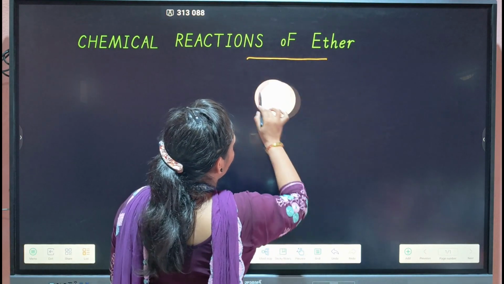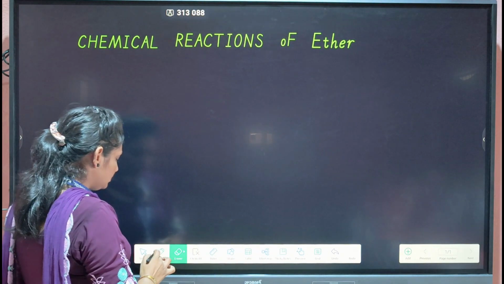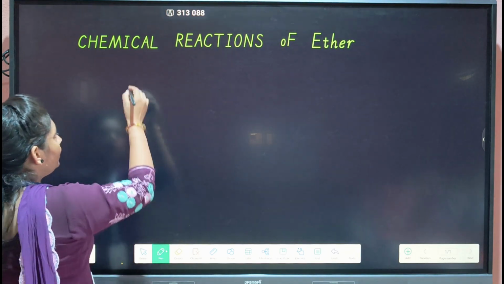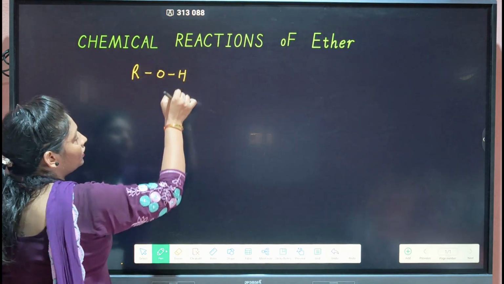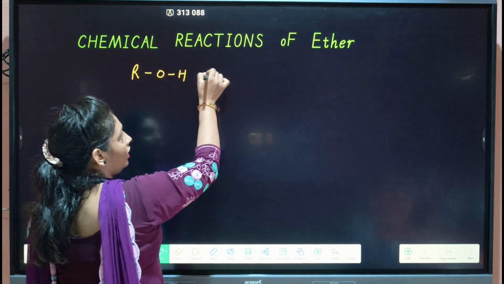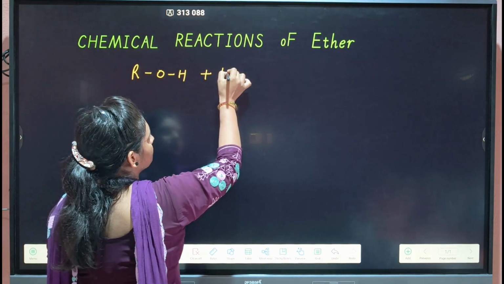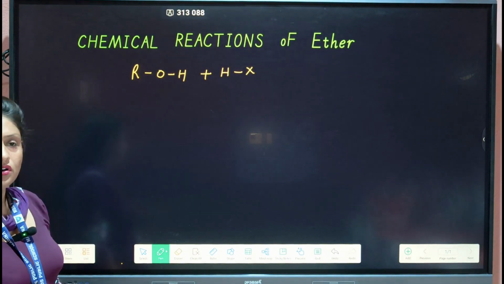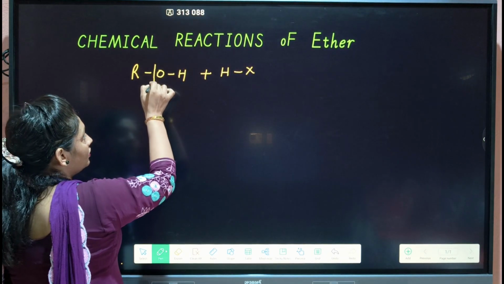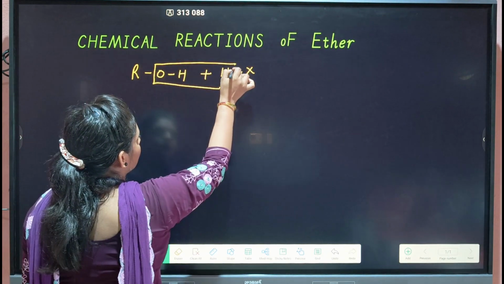Students, in alcohol you have studied about that. If we do the reaction of alcohol with hydrogen halide, nucleophilic substitution was taking place. What was happening?